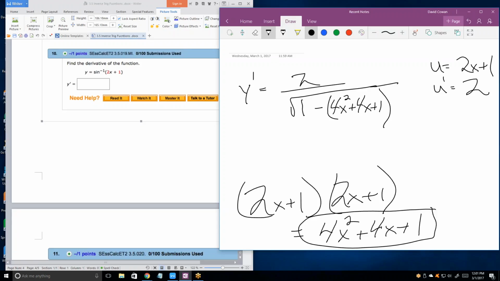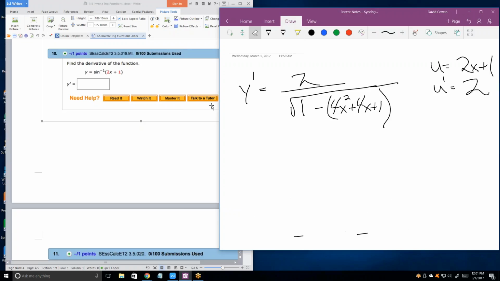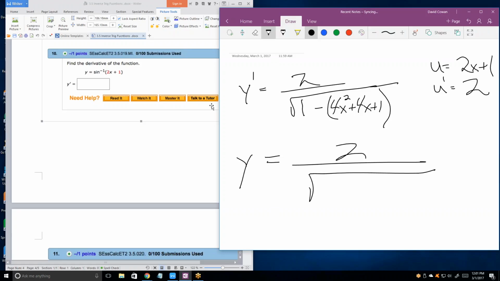Now, your program here probably is not adept enough to accept multiple answers, but let's remove the parentheses and simplify that denominator because we can do that. So 2 over the square root of what? First of all, remove the parentheses.